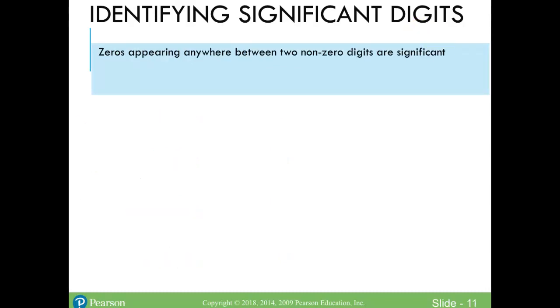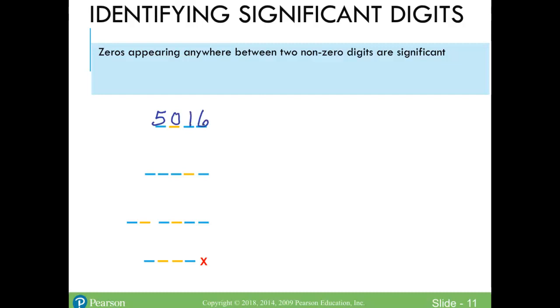Little rule: zeros appearing anywhere between two non-zero digits are significant. So let's look at some examples with that. If we had a number such as 5,016, and we'll consider our zeros in this yellow blank.